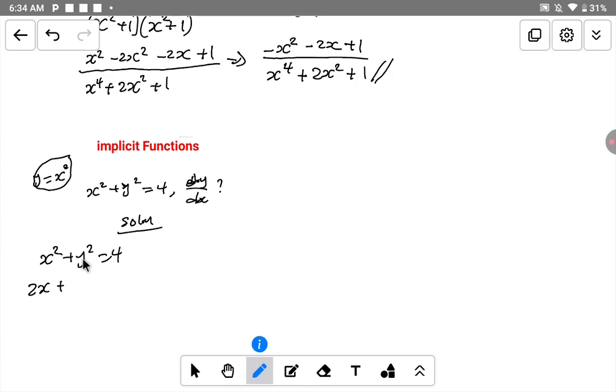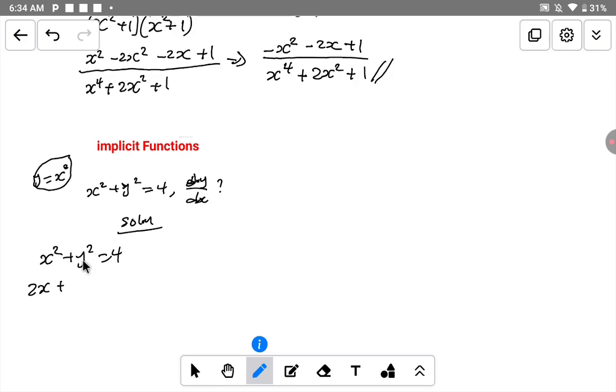Now let's go to this one. We want to differentiate y squared with respect to x. Since x is not included there, we differentiate it with respect to y, and you multiply by dy/dx. So just take note that if you are differentiating any function of y with respect to x, you have to multiply your answer by dy/dx.